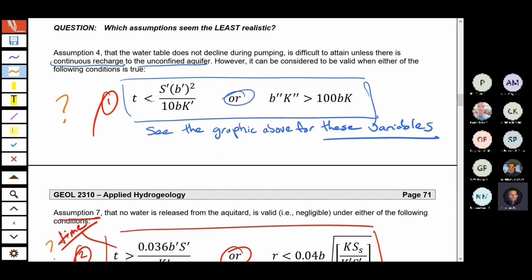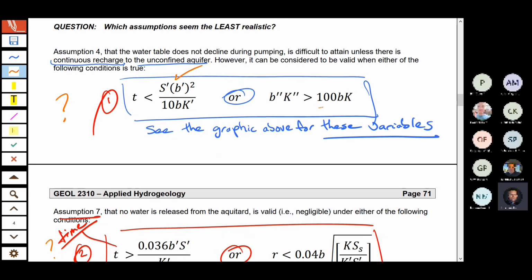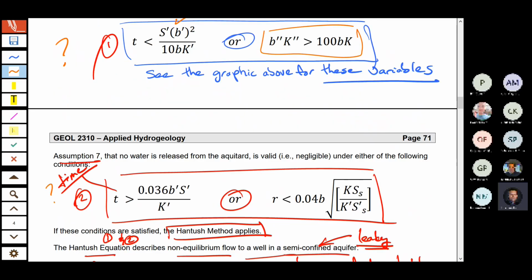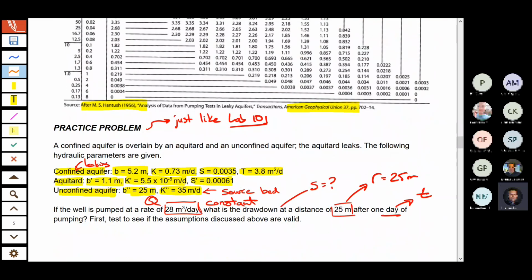We could use this function. We have all the data for that. Do we have B double prime? We have K double prime. We have B. I'm just going to use this one. This one seems easier because that way I don't have to do any division. It doesn't matter which one you use. You just kind of pick one that you want to use. Okay. So again, you have options, which are always good.